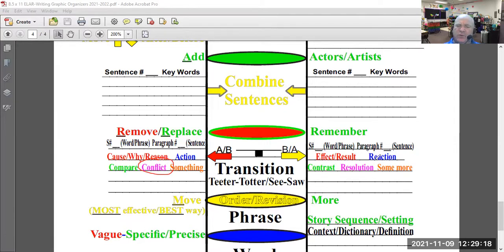How does it move from the conflict to the resolution? So keep that in mind as I show you another way to look at it using my little train graphic organizer.